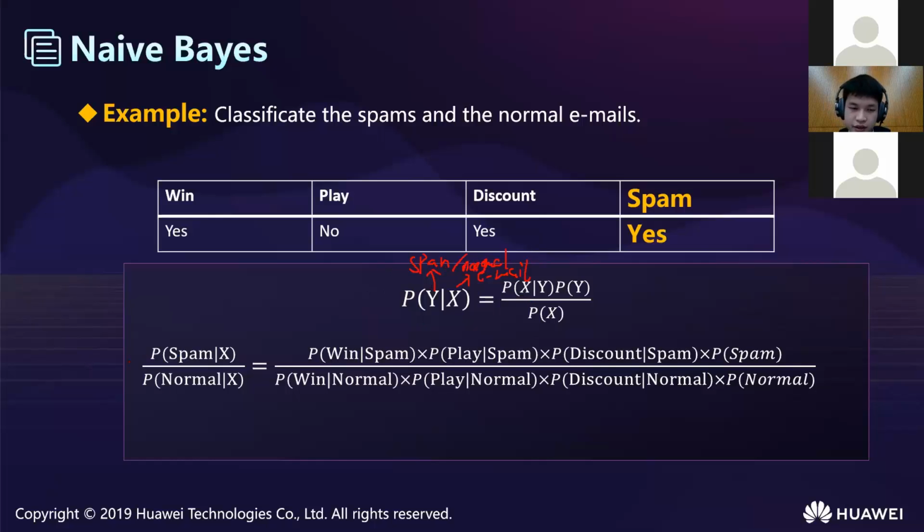So we can use the probability of spam given x divided by the probability of normal given x. If the result is bigger than 1, that means maybe the email is spam, right? Can you understand?